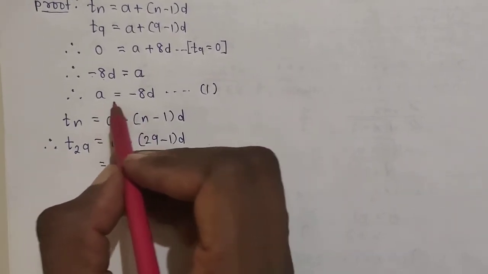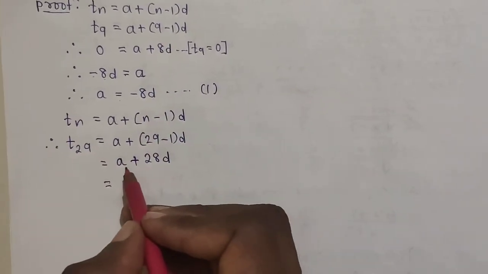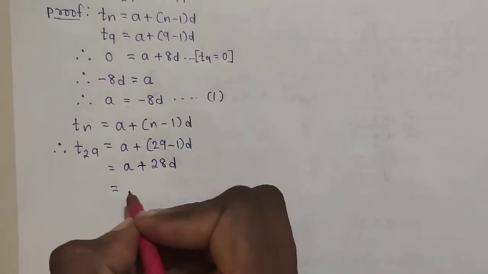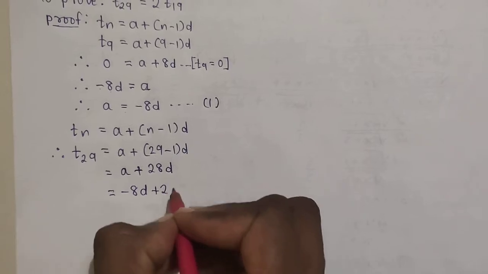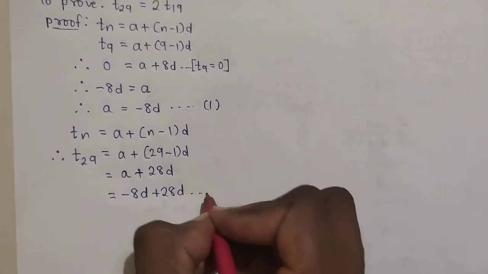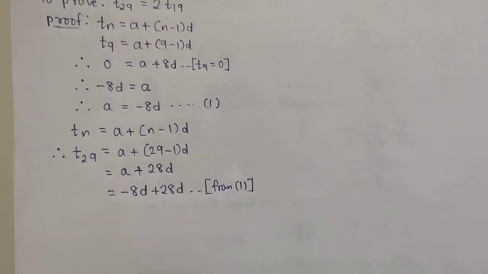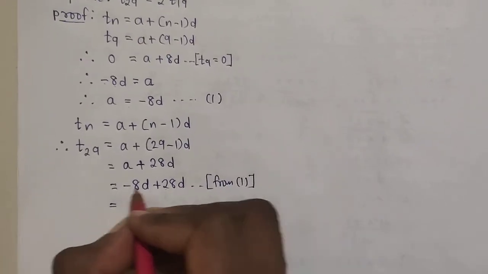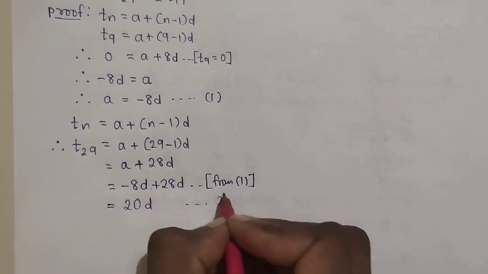We already have a is equal to minus 8d. So in place of a, we can write minus 8d from equation 1. So this becomes minus 8d plus 28d. Now in the next step, 28d minus 8d becomes 20d. Call it equation number 2.